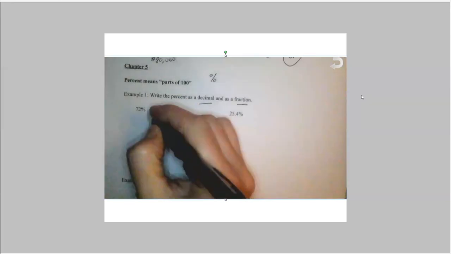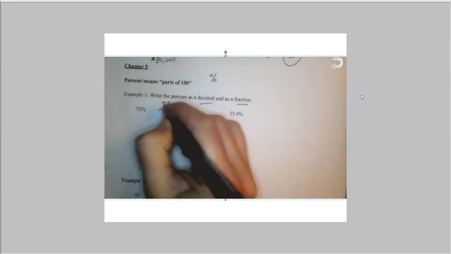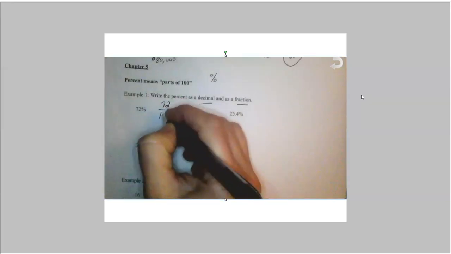So in example 1, it says write the percent as a decimal and as a fraction. So I'm going to give 2 answers here, a decimal answer and a fraction answer. So we're given 72%, but we know that percent means per 100 or parts of 100. So I can drop the percent sign when I take that number and divide it by 100. That's my fraction form.